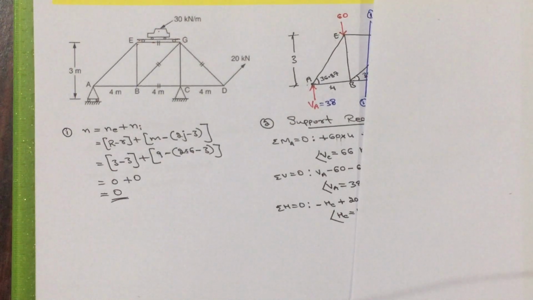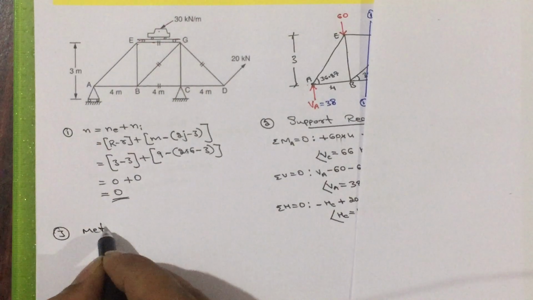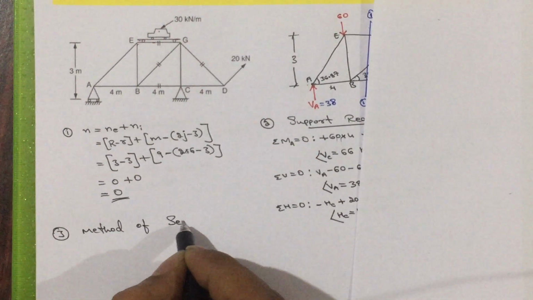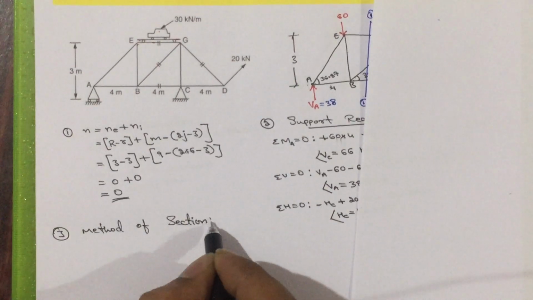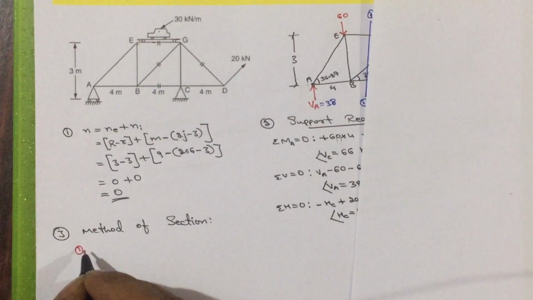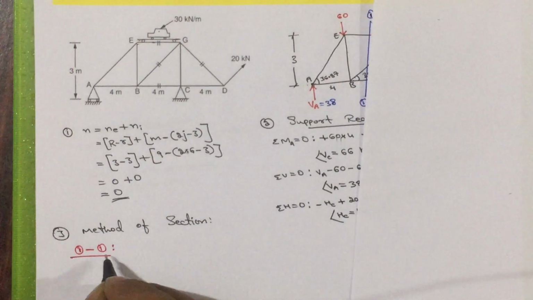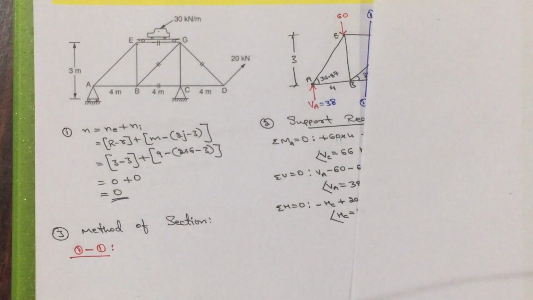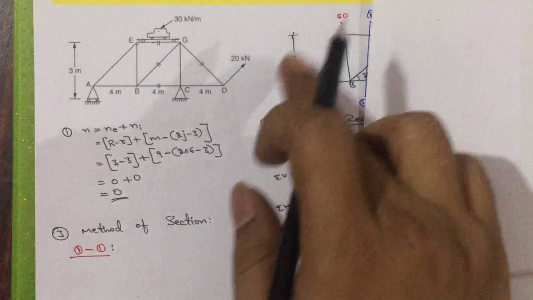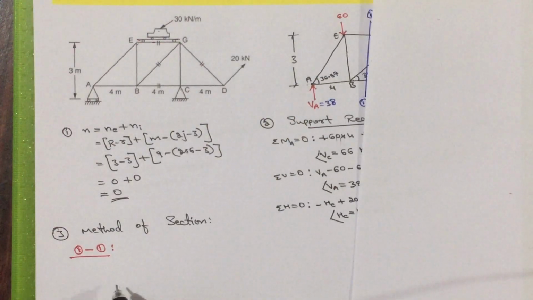Third step is method of section. I am going to consider section 1. Draw the free body diagram. Whatever you are seeing now on the left hand side of the section 1, you write the same.